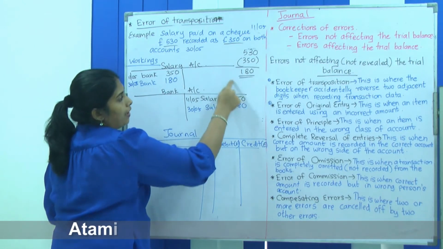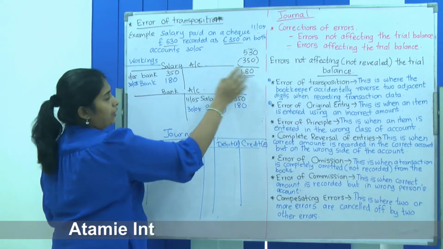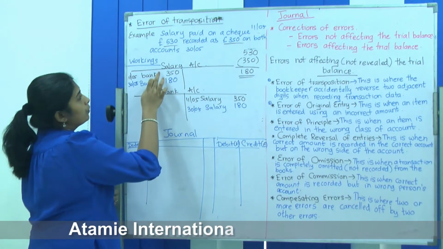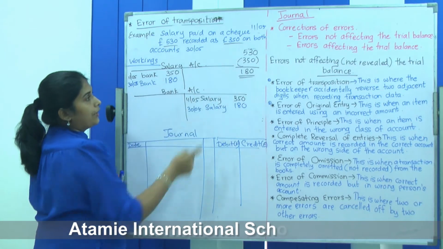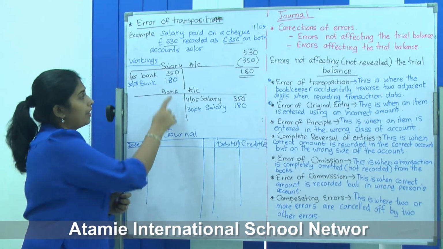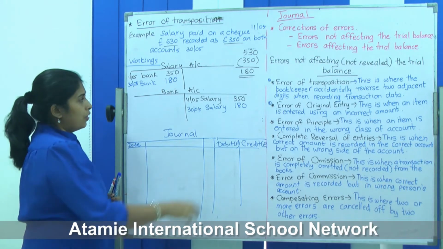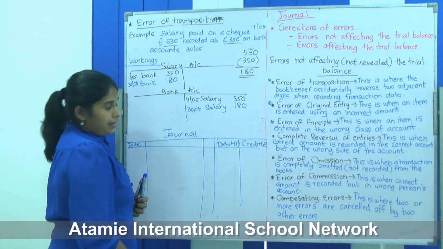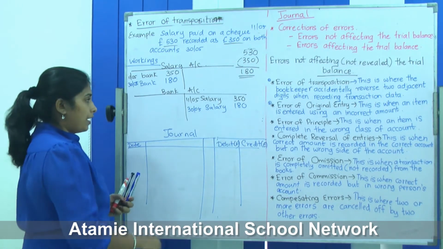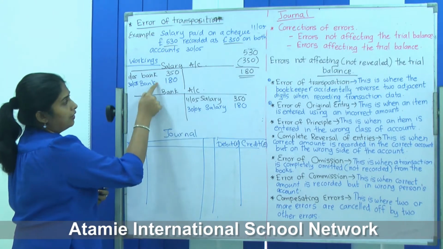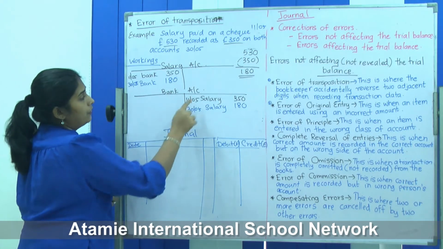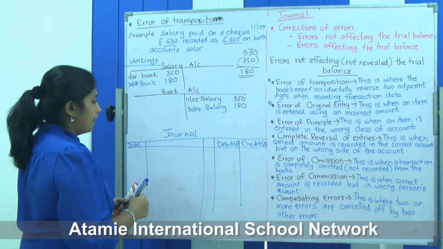The difference is 180, and according to these errors only the difference you have to record. To make the salary 350 into 530, you debit 180 to the salary account. In the bank account only 350 is there, so to increase to 530 you credit 180. This is the correction of error: debit the salary account by 180 and credit the bank account by 180.